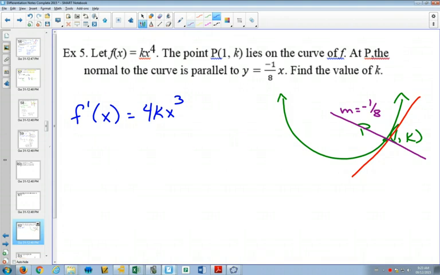Well, we know our x value because it is given to us right here, which is 1. So we can plug that in. And then we would find our slope. And right now we'd say, well, our slope would be 4 times k.